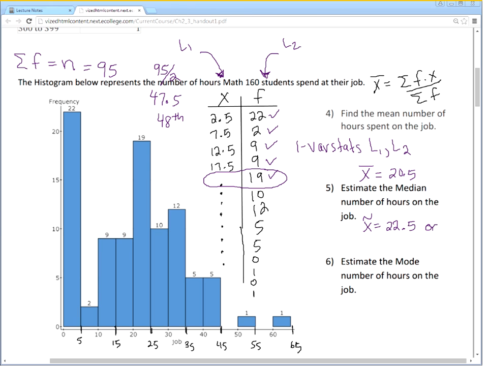Or you can say that the median is in the 5th class. So you have the choice. So we know the median is the 48th value. I don't know what that median is, but I know it's the 48th value. So I just have to go and find out where the 48th value is.